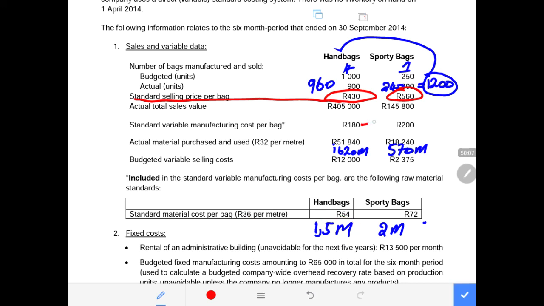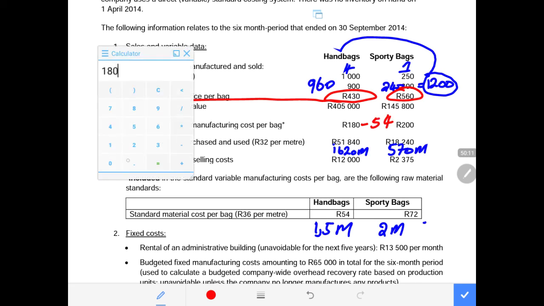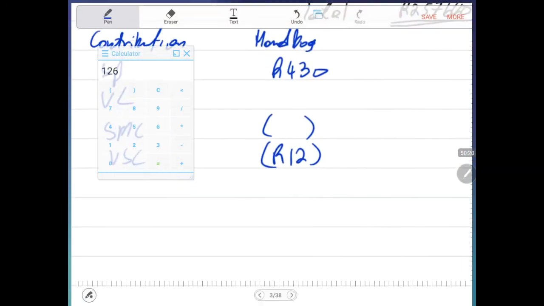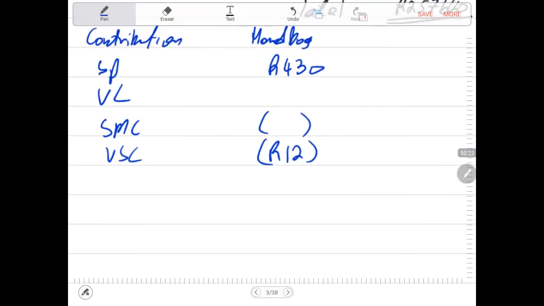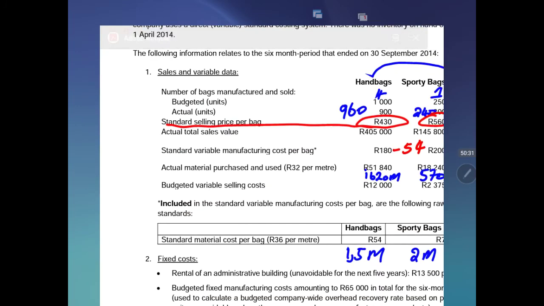So now let us say 180 minus 54, so that we deal with the separate figure. We are left with 126, which remains the same. So in terms of our standard material cost, we still have 126 remaining the same. We just need to add the adjusted part of that 54 rand. How do we do the adjustment?